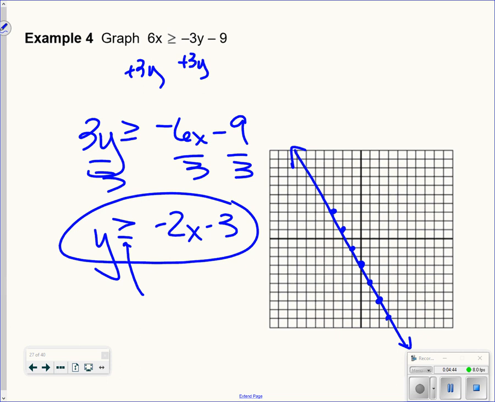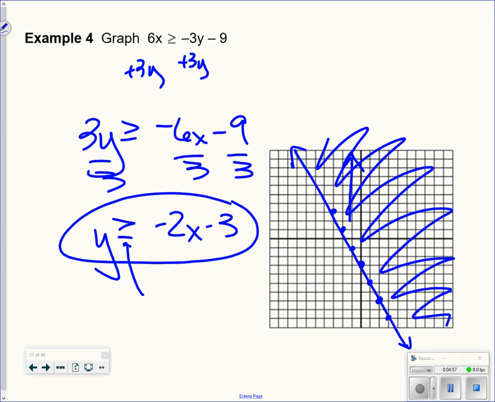Shading. Now, you can test a point or shade above or below. Since the y value is greater than, you're talking about values that are above the line. Every point above the line works in this particular question. If you have trouble with this, pick a point and plug it in. So let's say I pick the point (1, 1).